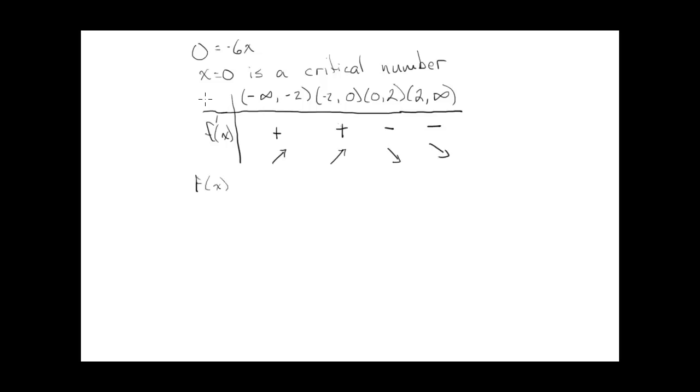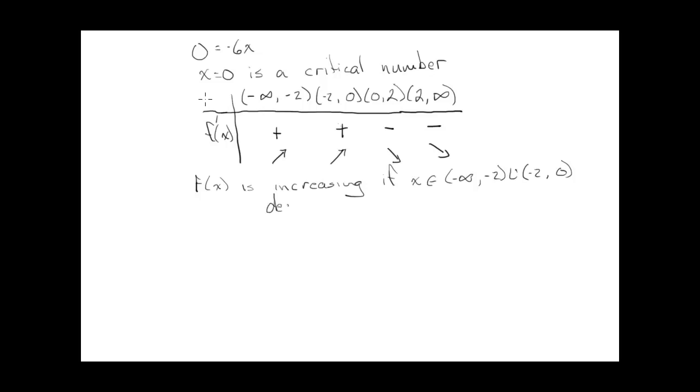So f of x is increasing if x is between minus infinity and minus 2, or minus 2 to 0. Now don't combine these intervals because remember the function's undefined at 2.